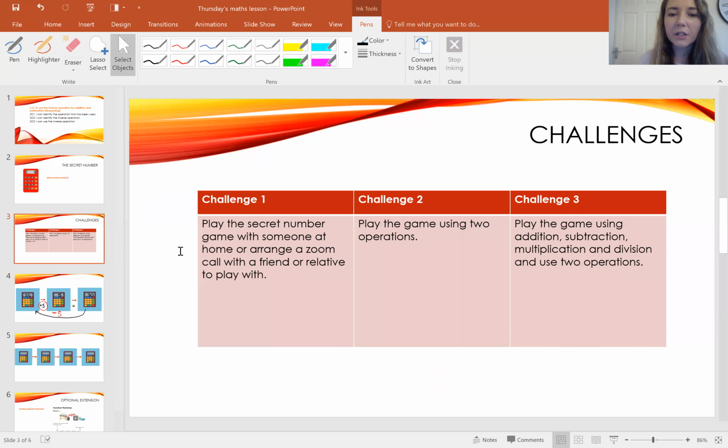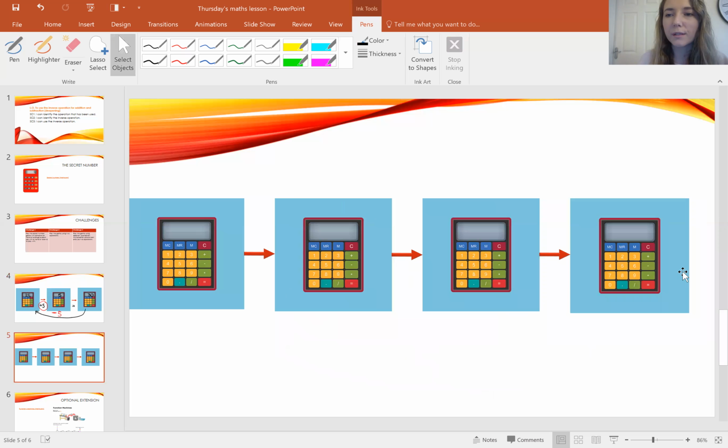If you'd like to have a go at challenge 2, then you're going to use 2 operations. So I'll show you. I'm thinking of a number. I put the number into the calculator, and then I added 4. So I'm going to add 4 here. So remember that I used addition.